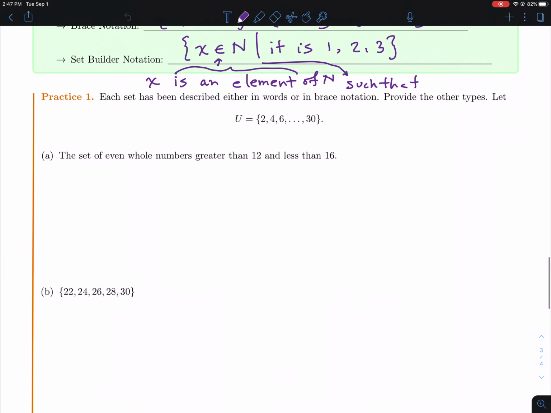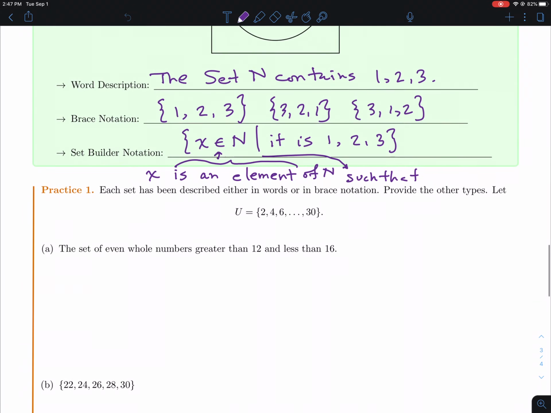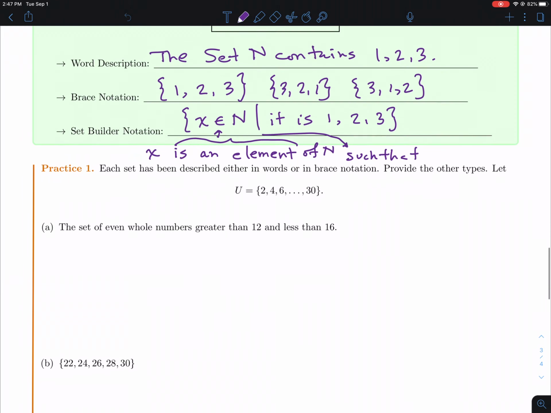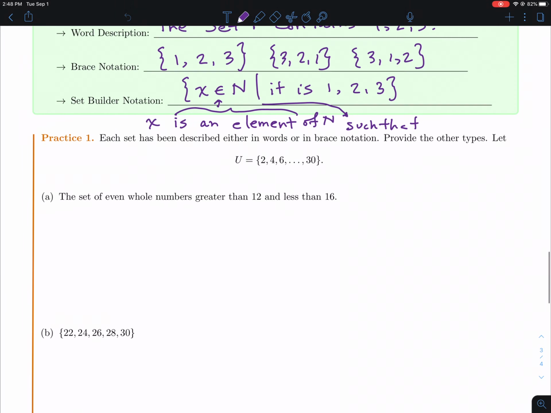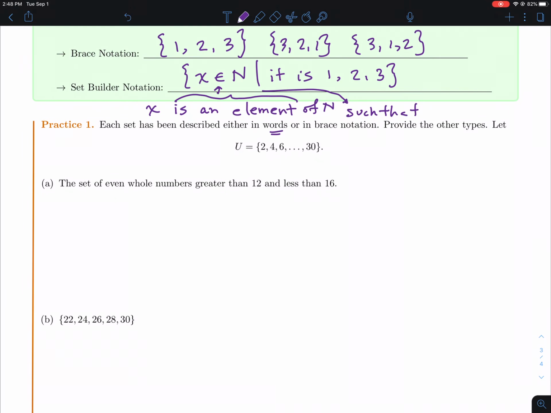So practice 1 was about relating back to the word description, brace notation, and set builder notation, and trying to write it into a different form. In this case, the only two we're focusing on are either the word or the brace. They're telling us up front that our universal set contains all even numbers up to 30.